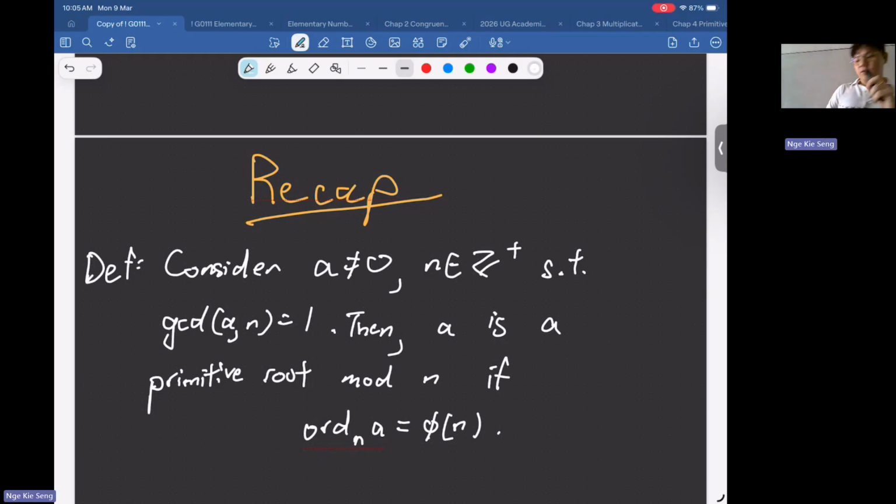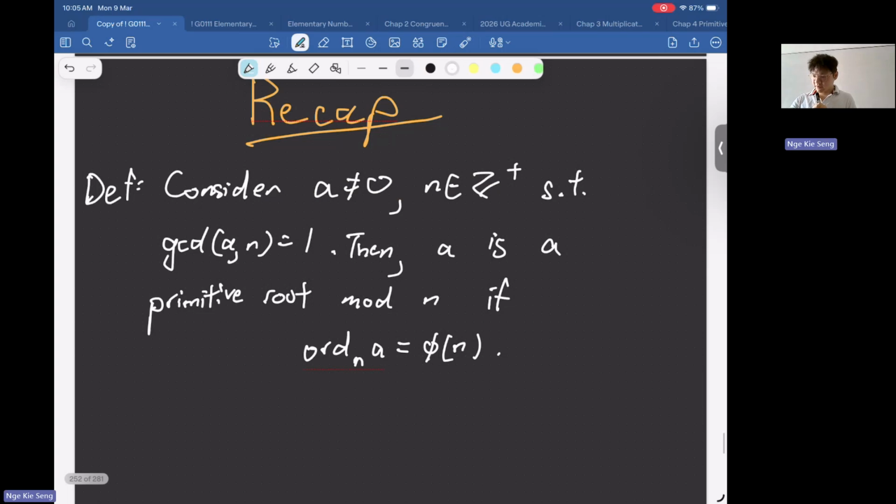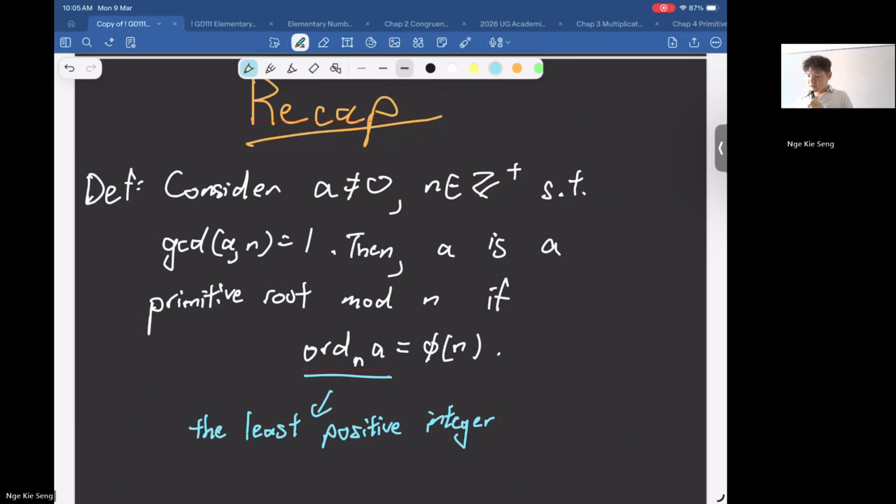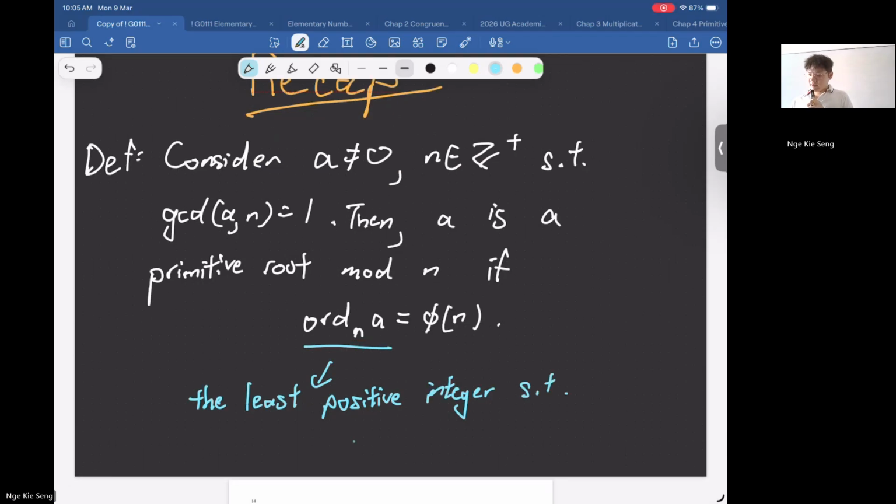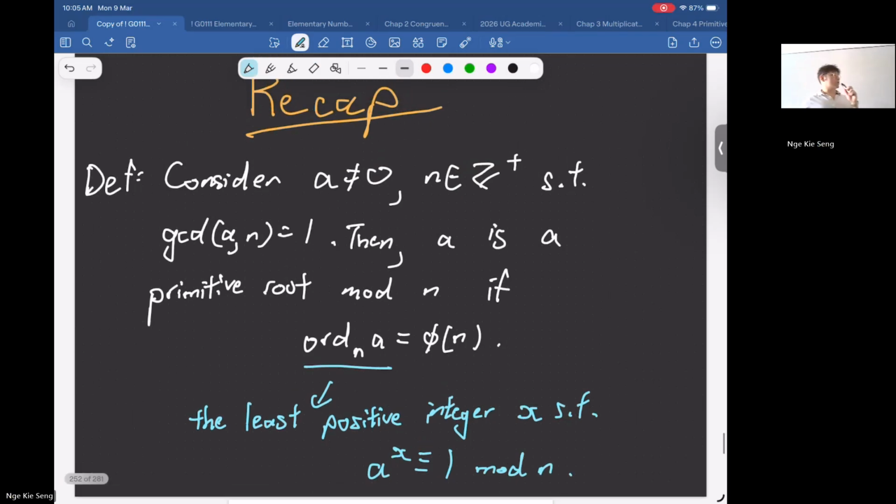So this order means the least positive integer x such that a to the x is congruent to 1 mod n. So in this case, your x has to be phi n.